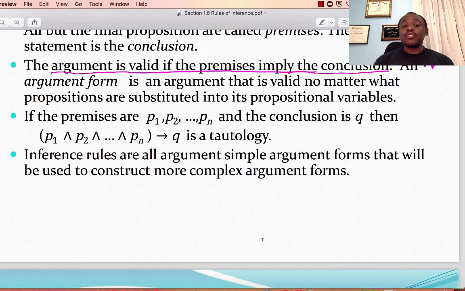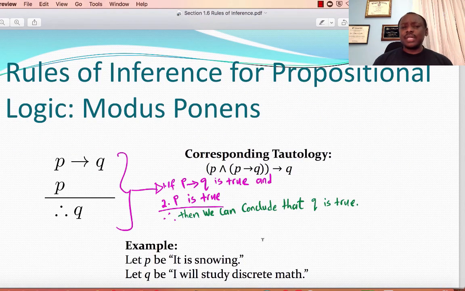Inference rules are simple argument forms that will be used to construct more complex argument forms. In other words, inference rules will be used to show that more complex arguments are valid. So let's go ahead and look at the rules of inference. There are a couple of them.